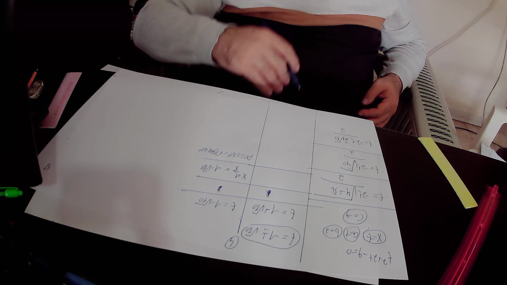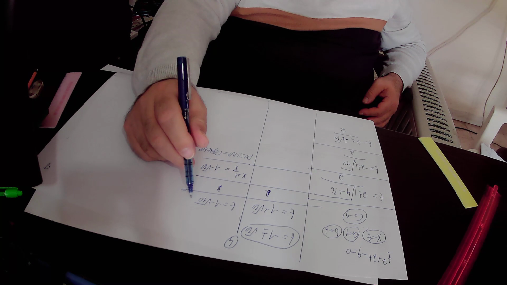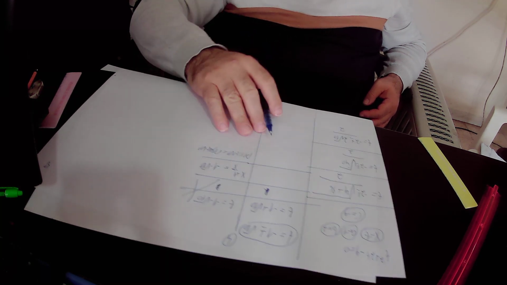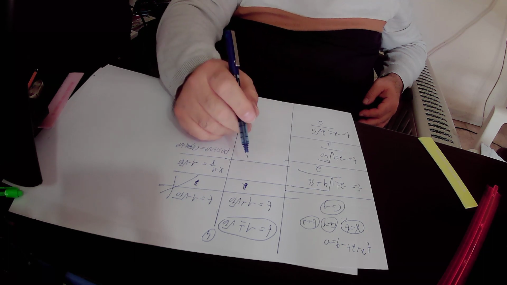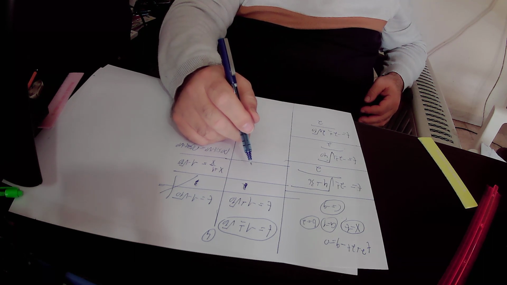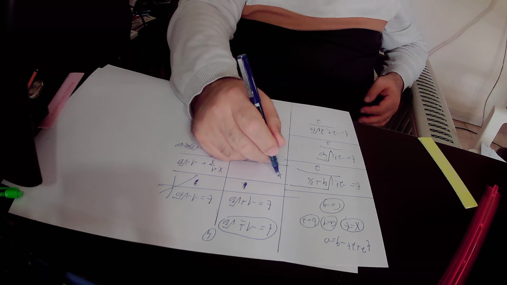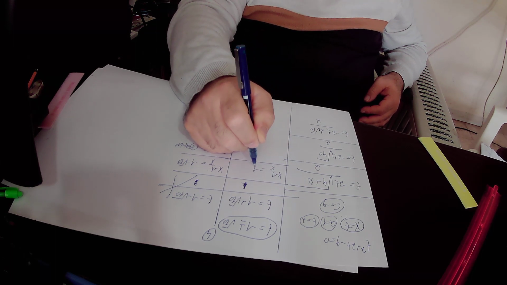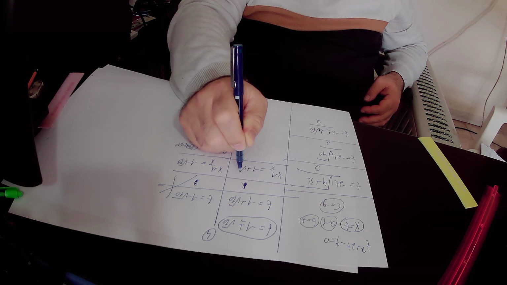Therefore, this solution is incorrect. So we cancel that solution, and we are left only with the solution that t equals minus 1 plus square root of 10. t is x plus 1 over x, and it equals minus 1 plus square root of 10.